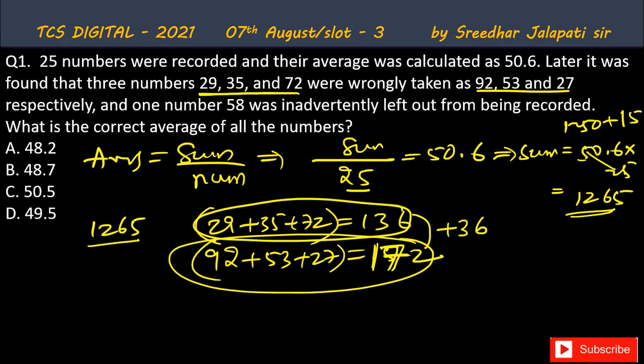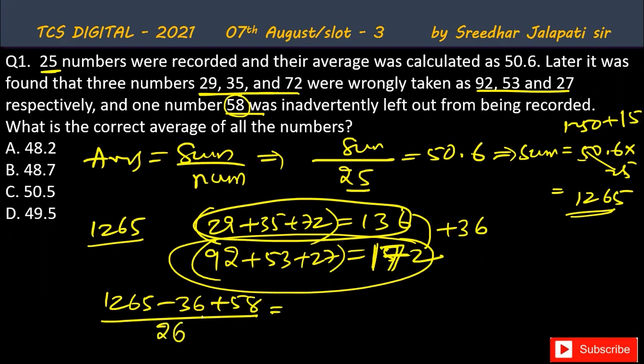So therefore, in this 1265, since they considered 36 extra, I have to subtract that, and they left out one more number, which I also have to add now. Initially there were 25 numbers, as they left out one number, we are adding one more number now, so 26. This is the new count for the average. By the way, minus 36 plus 58 is actually plus 22.